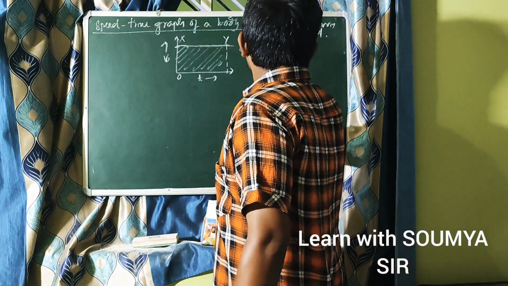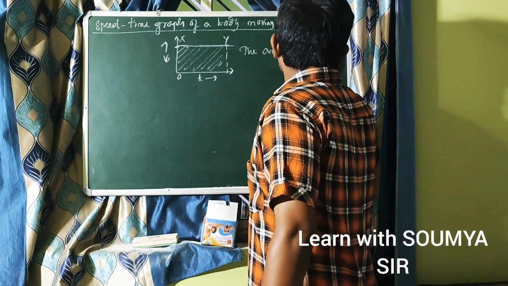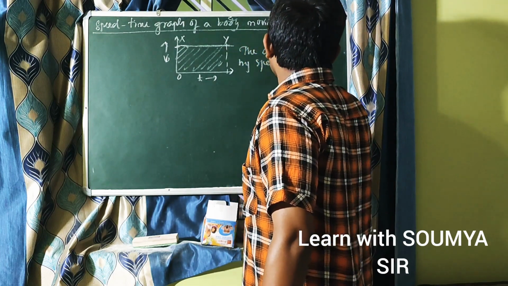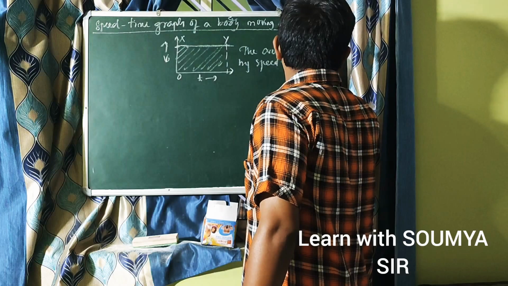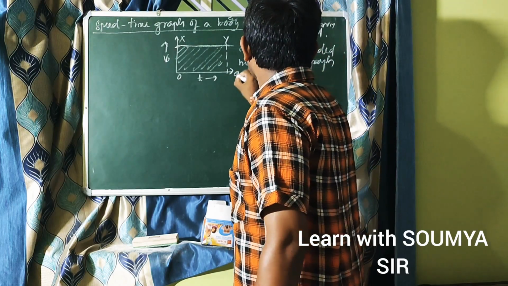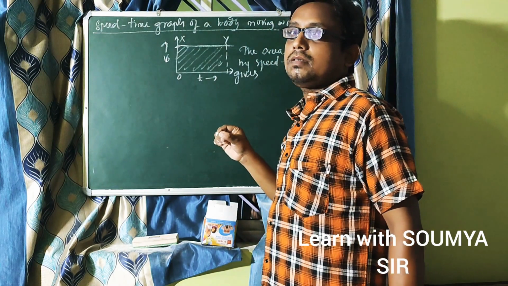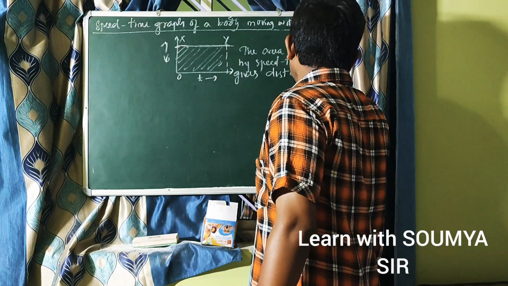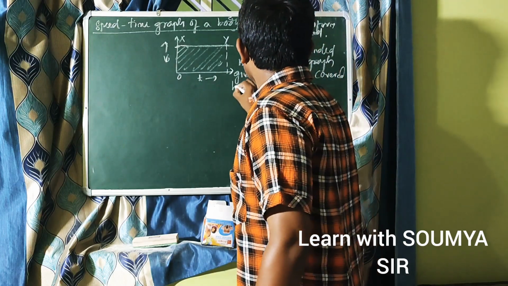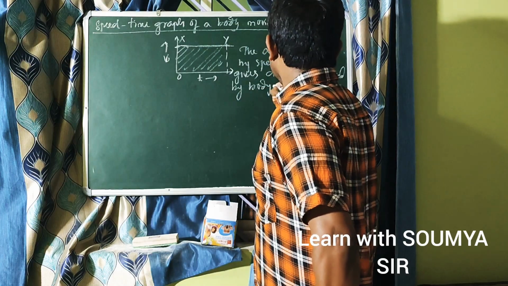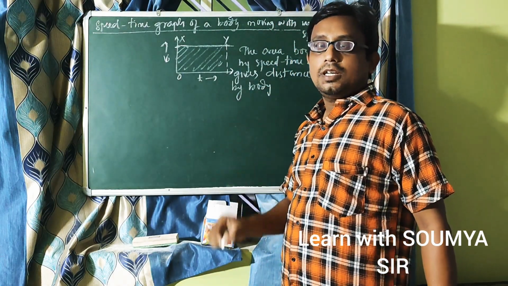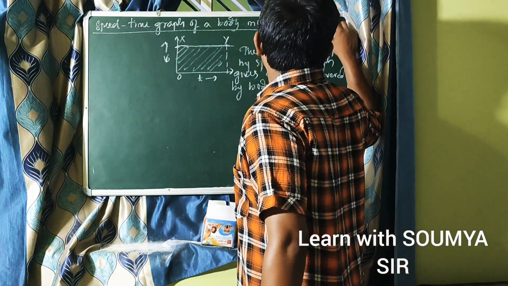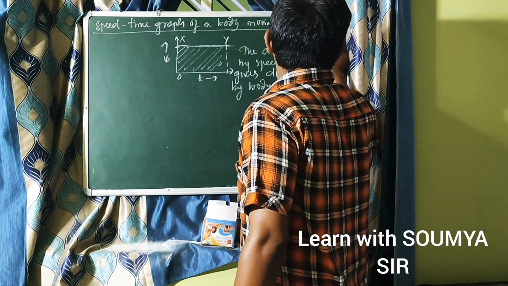That means the area bounded by the speed time graph gives the distance covered by the body. Is it clear?